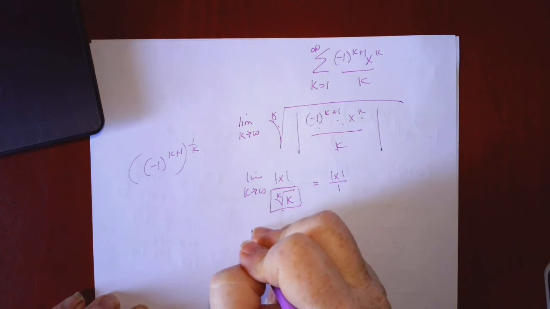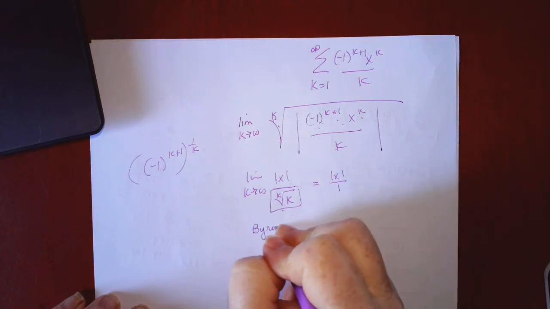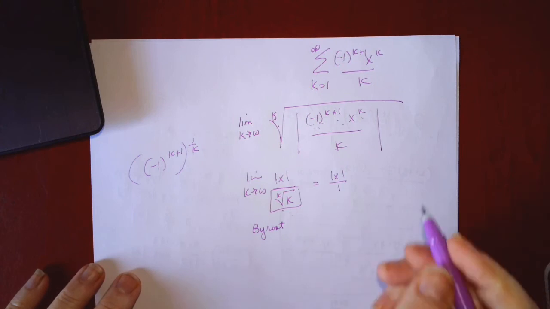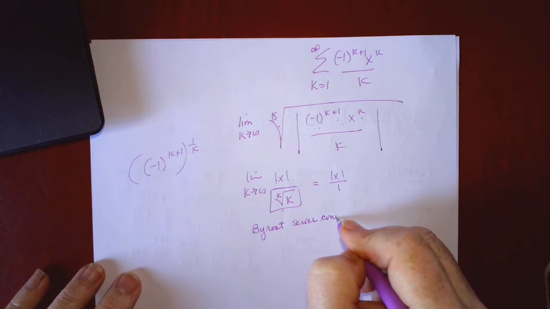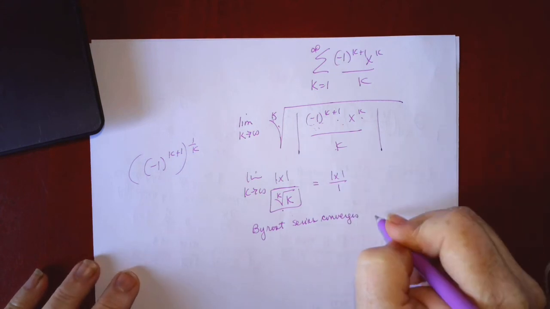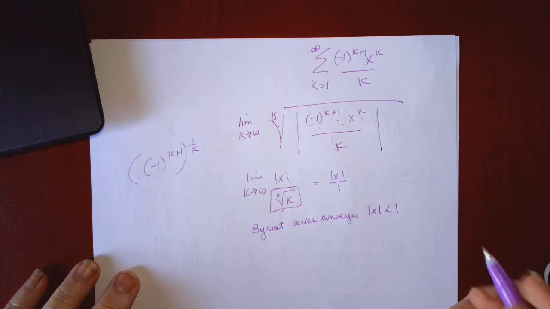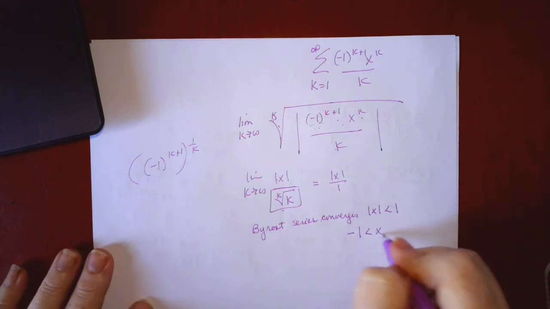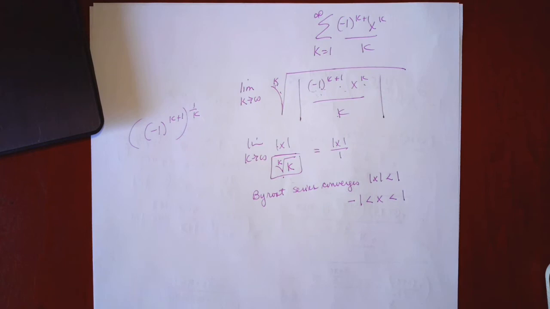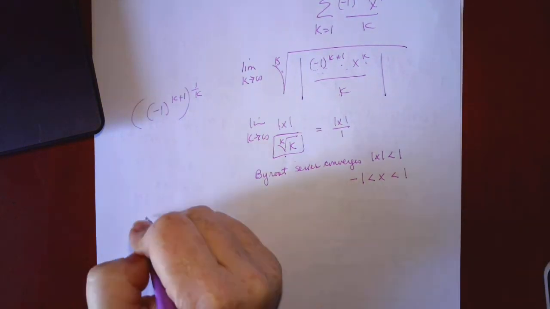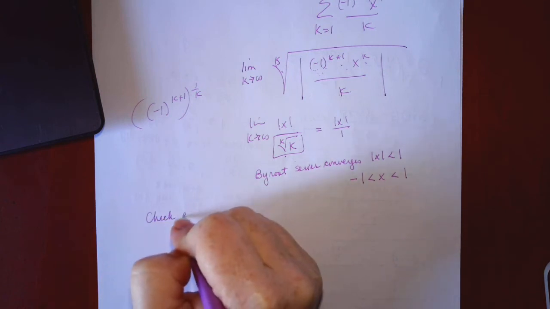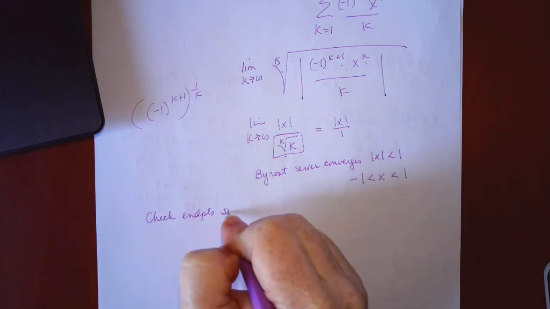So we know by the root test, and we would have gotten the same thing by the ratio test, that this series converges when that limit is less than 1, which is -1 is less than x is less than 1. It diverges when that limit is bigger than 1, and we don't know what happens when that limit actually equals 1. So since we use the root test, we would have to check the endpoints separately.